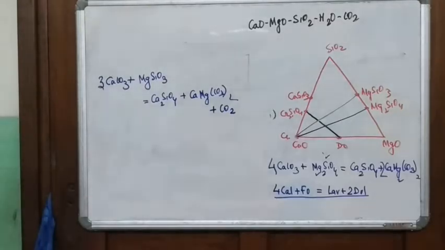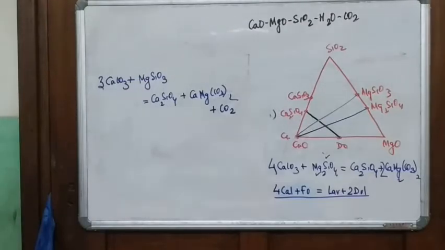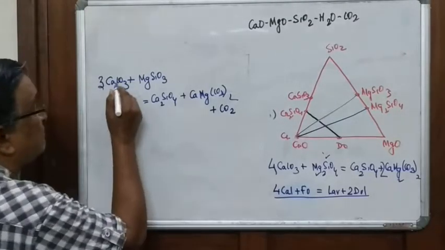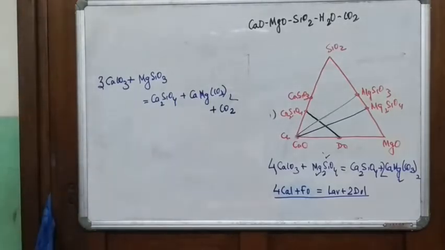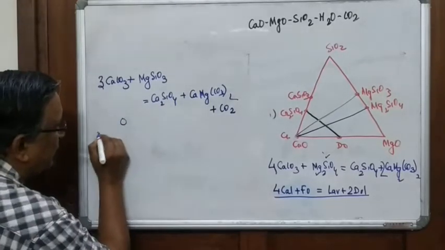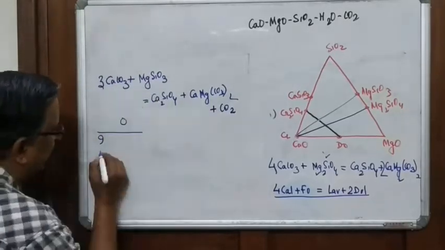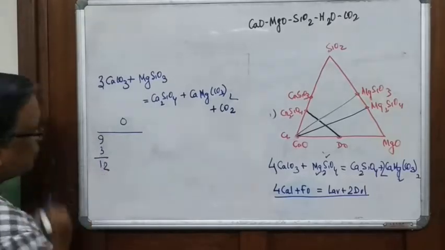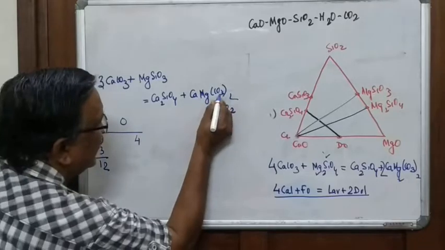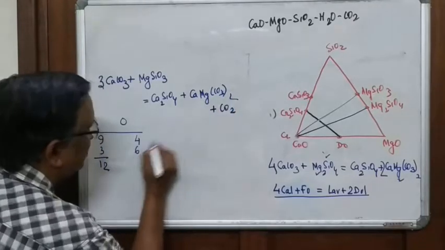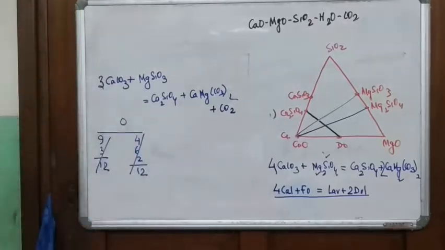I can't add any other phase, so I have to stick to carbon dioxide. Now if calcium, magnesium, silicon and carbon are balanced, then I check for oxygen. On the left hand side you have 3 into 3, 9 oxygen, and 3 oxygen, so it's totally 12 oxygen. And on the right hand side you have 4 oxygen, and 3 into 2, 6 oxygen, plus 2 oxygen, so you have 12 oxygen. It's done. This is a balanced reaction.